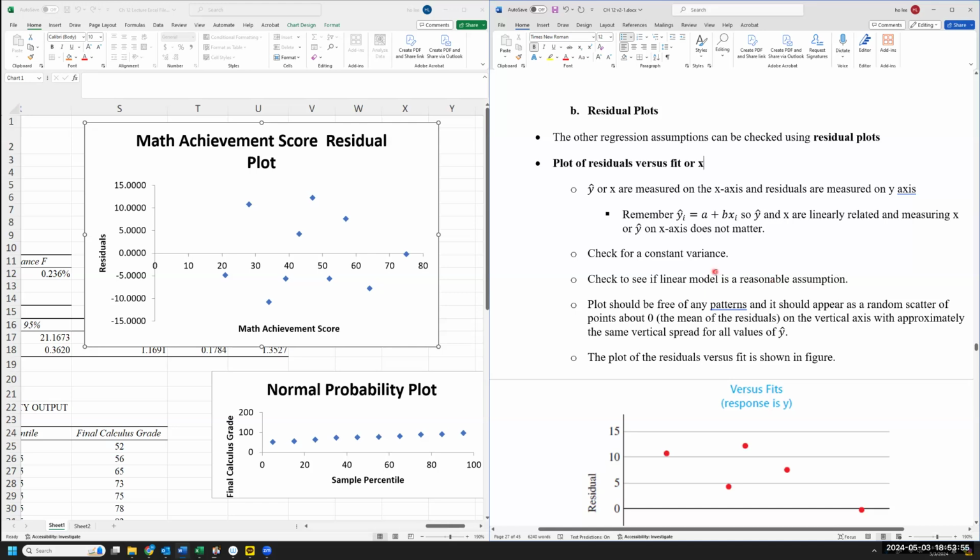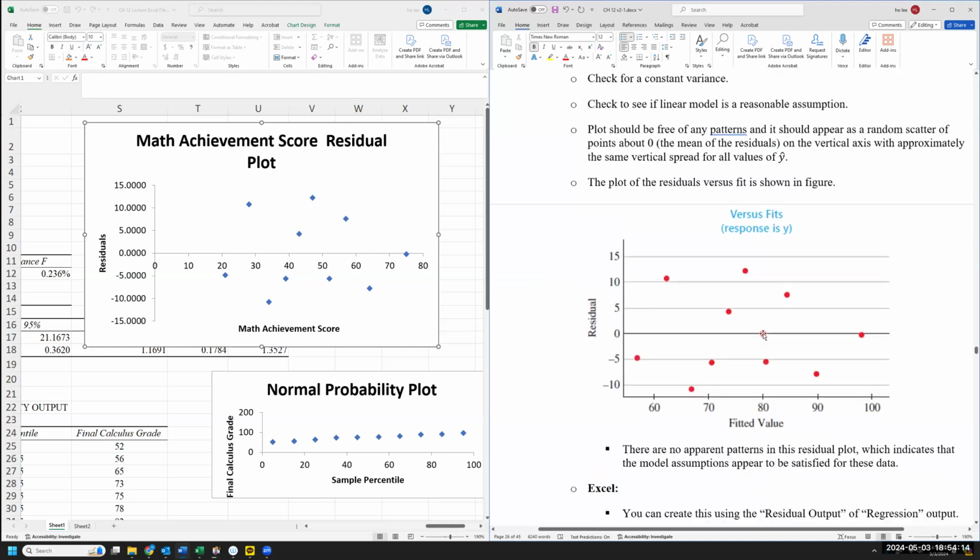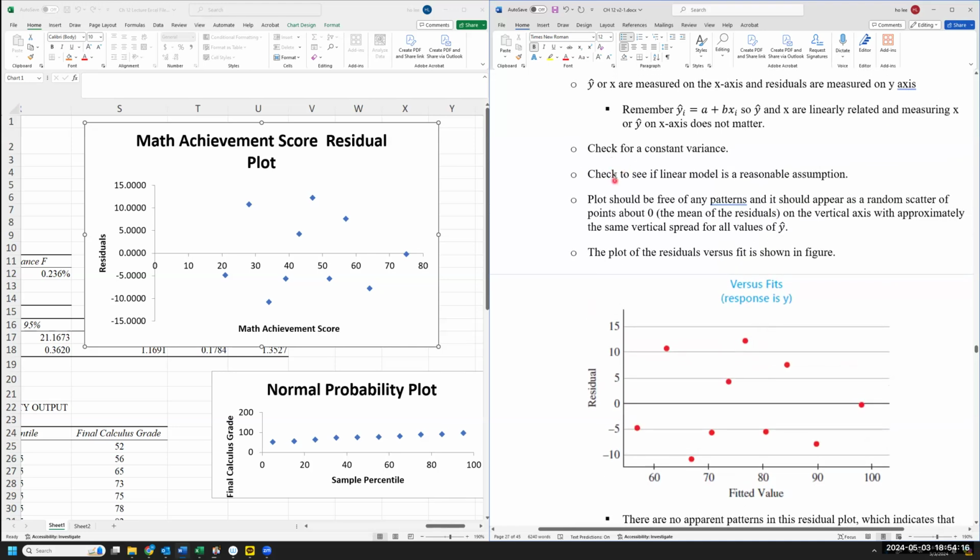This residual plot allows you to check for one of the assumptions, constant variance, and it allows you to check if indeed the relationship between y and x is linear. The plot should be free of any patterns.